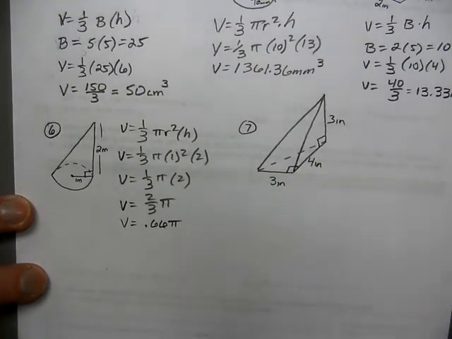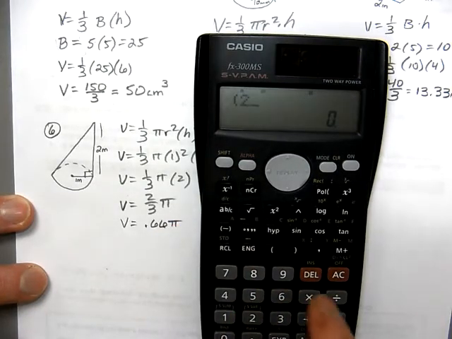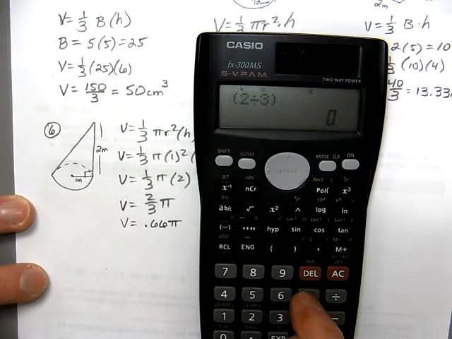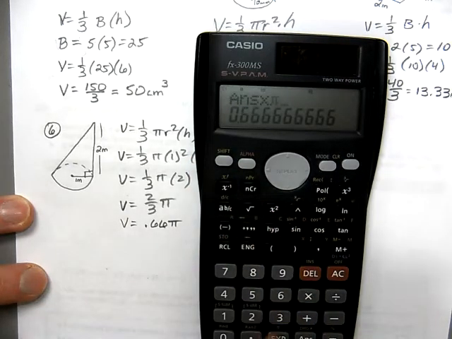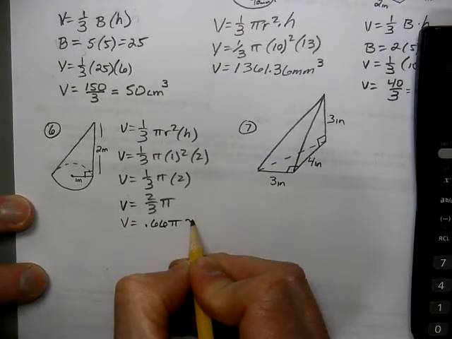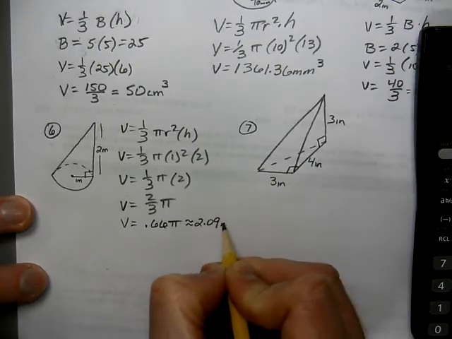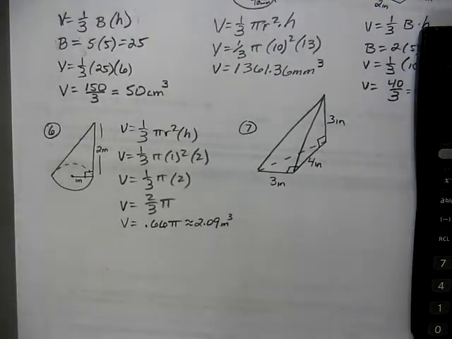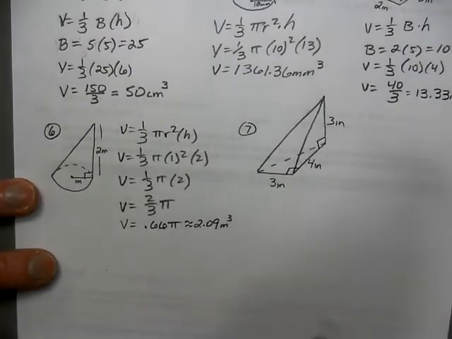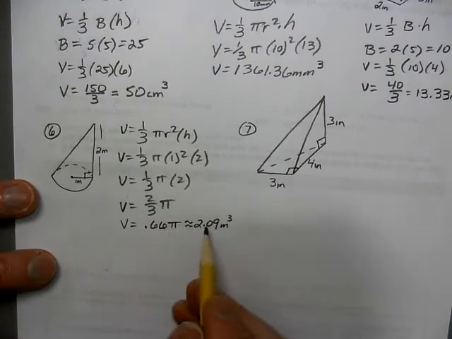And then if you multiply that by pi, we're going to say 2 divided by 3, which gives us our 0.6666, times pi, gives us our 2.09. These are meters cubed. There's your best exact answer, and we put it into a decimal.